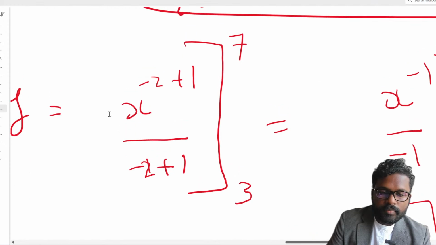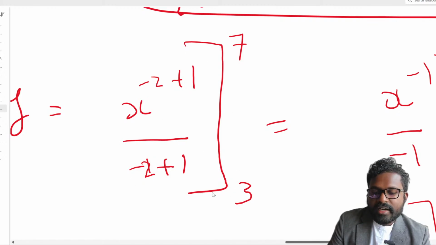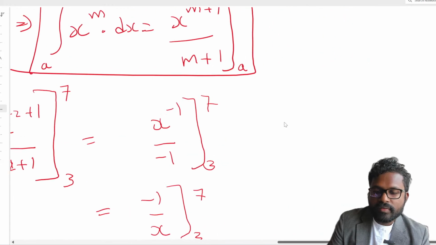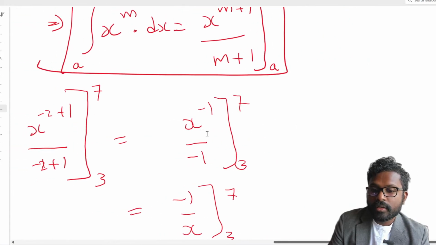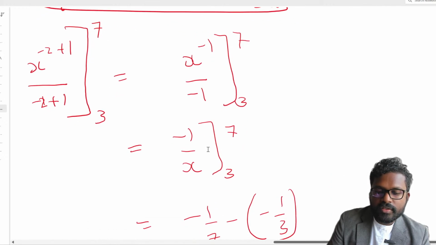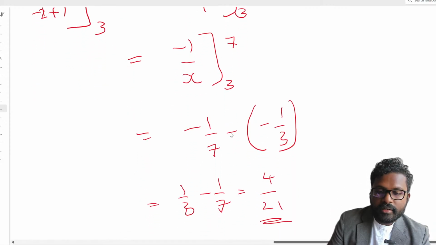That will give you x power m plus 1, where m is minus 2, so x power minus 2 plus 1 by minus 2 plus 1. And on the right hand side, we write the lower limit 3 and upper limit 7. If you solve this, you will get x power minus 1 by minus 1 from lower limit 3 to upper limit 7, which is minus 1 by x from 3 to 7.